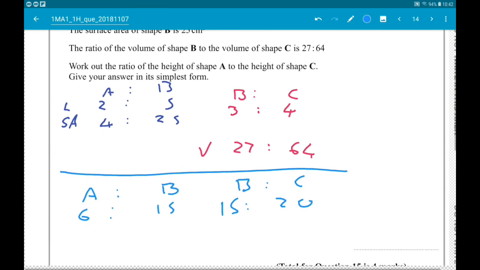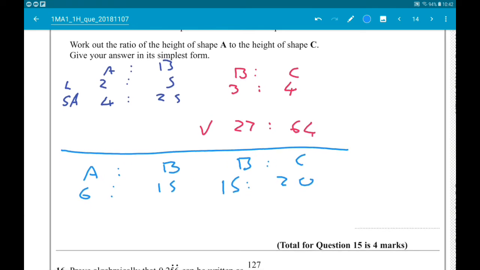So we can actually write this now as a single ratio, A to B to C, is 6 to 15 to 20. Now we want A to C, so we just cut out the middleman, cut out B. So A to C is 6 to 20, which simplifies to 3 to 10.